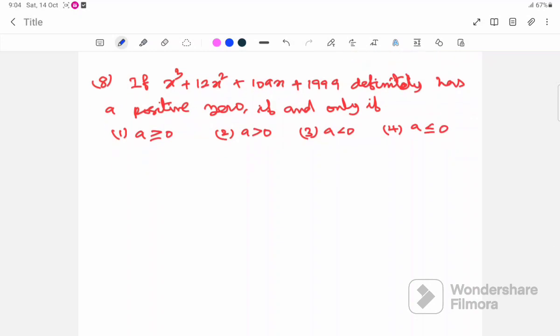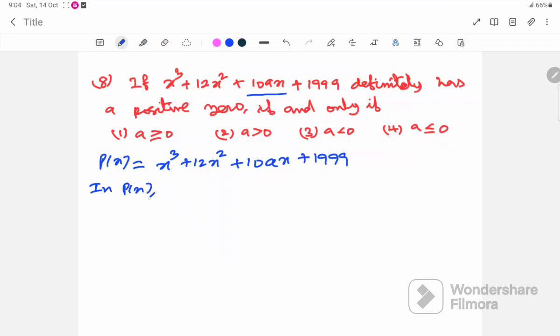If x cube plus 12x square plus 10ax plus 1999 definitely has a positive zero if and only if, say, this can be taken as p of x, x cube plus 12x square plus 10ax plus 1999.